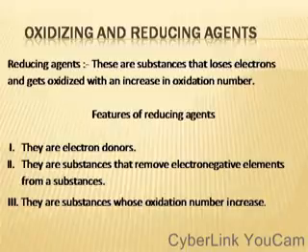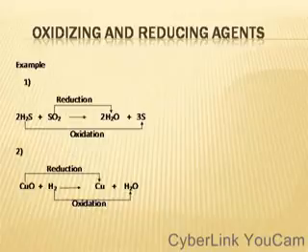There are also substances whose oxidation number increases. If you look at these definitions and characteristics, you know that oxidizing agents are the opposite of reducing agents, and both are present in an oxidation-reduction reaction. Now, from this explanation, let's look at some examples.